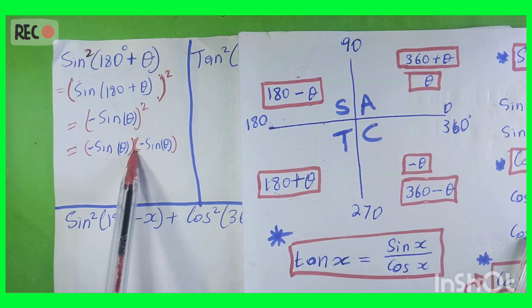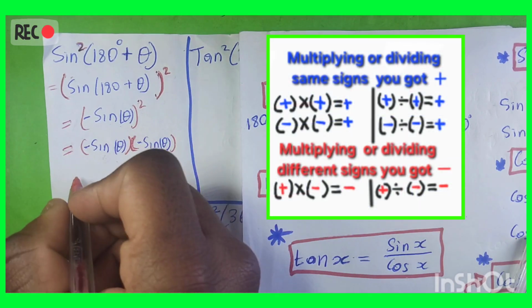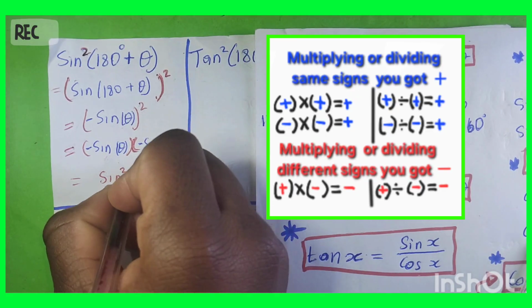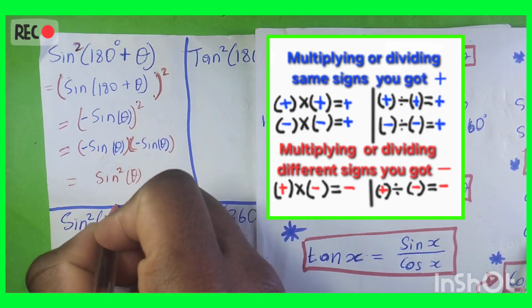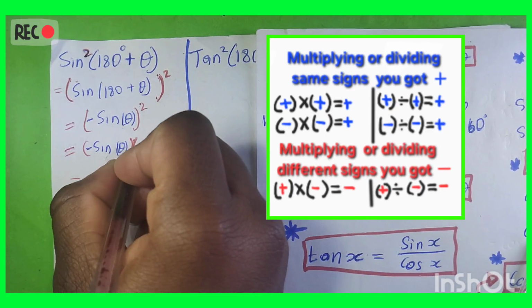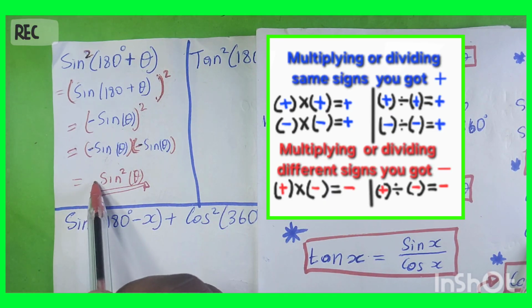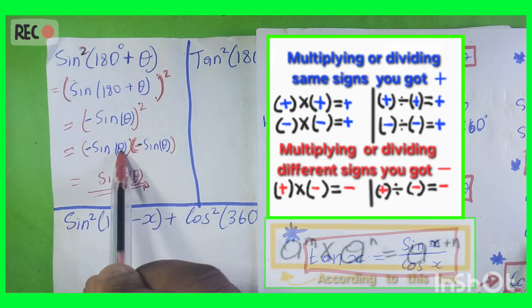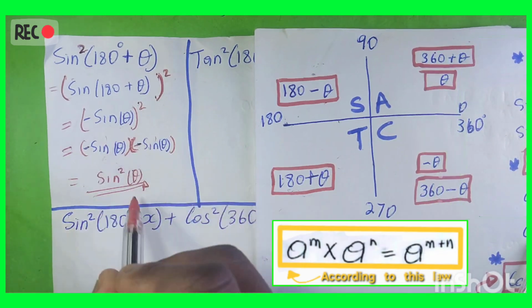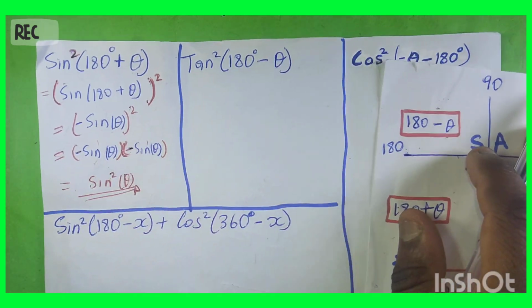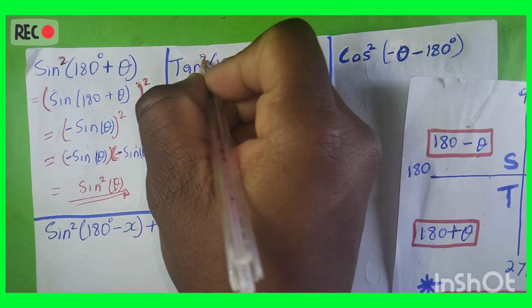And when I multiply the same sign here, I should get positive sine theta. So when you multiply the same sign, in maths, you get positive. And when you multiply the same base, you just add their exponents, and they give you exponent 2. Do you see? Yeah.